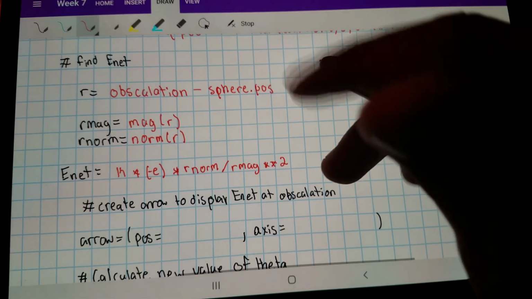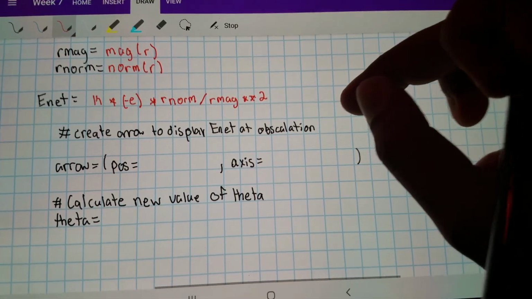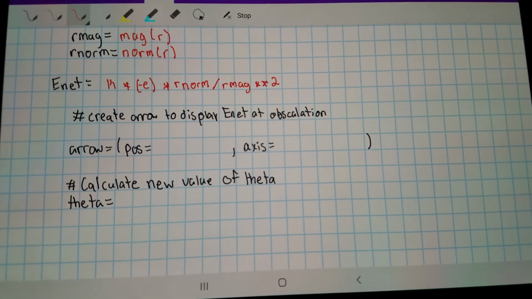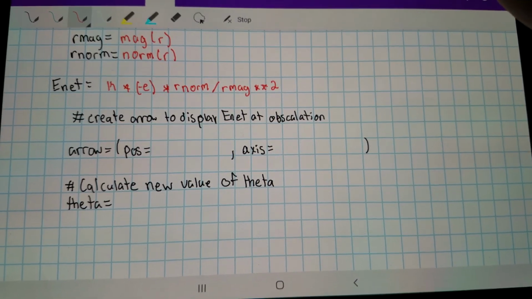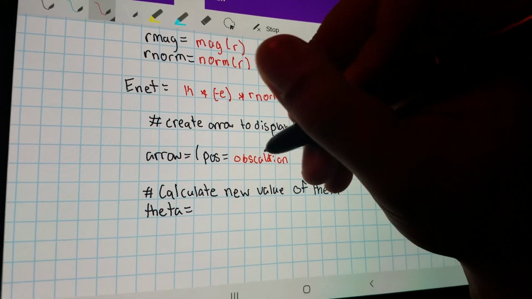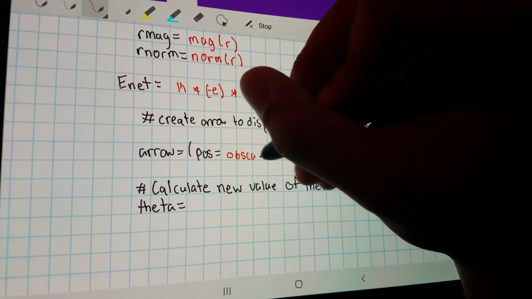So now create an arrow to display E net at obsculation. When we're creating an arrow, we want to make sure we think about what position it is starting from. So starting at obsculation. That's a pretty easy step right there. All we want to do is make sure that we don't mess up any of our coding. Keeping track of all your pieces of information is probably one of the most important things I've learned.